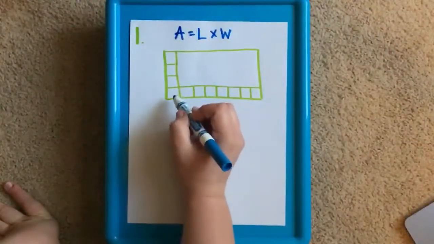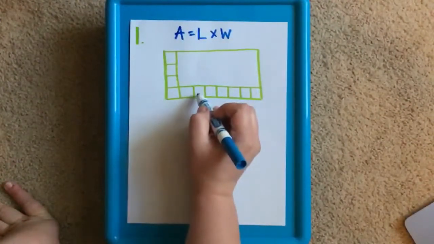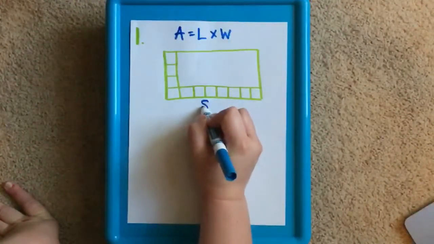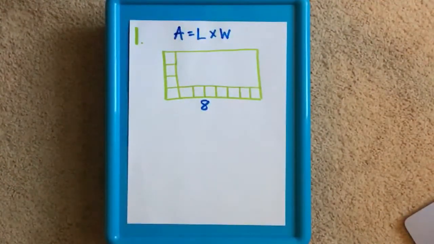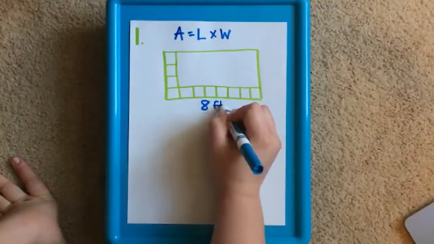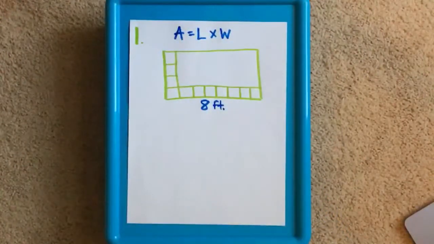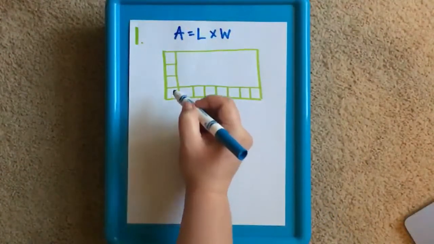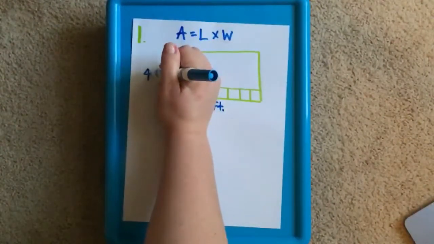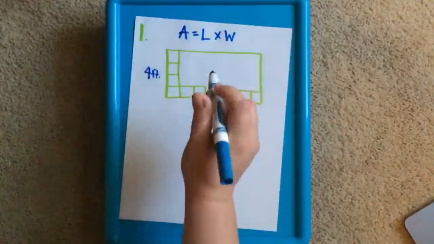So for example, there's 1, 2, 3, 4, 5, 6, 7, 8. There are 8 squares. Therefore, I know that the length is 8 feet. Okay? And then for the width, I can count 1, 2, 3, 4. So I know the width is 4 feet.